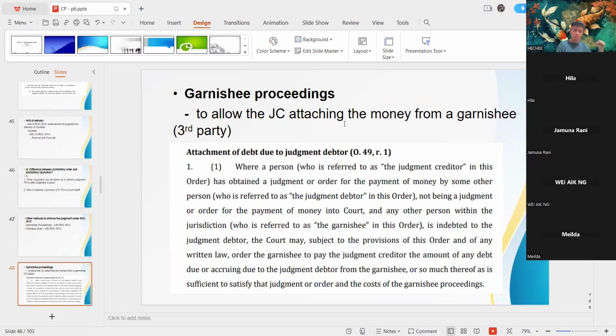I apply to the court to attach the money from B, because it has come to my knowledge that B owes A. So it's like offsetting the sum by attaching from B directly, so that B can offset the sum owed to A. Is everyone clear on this?